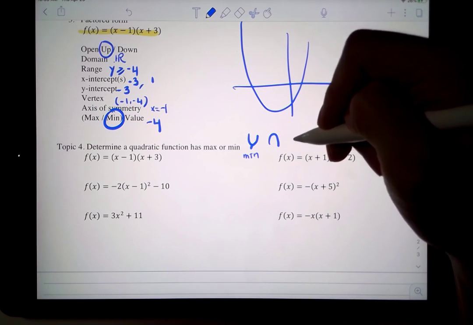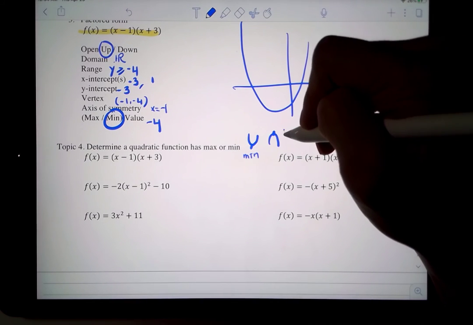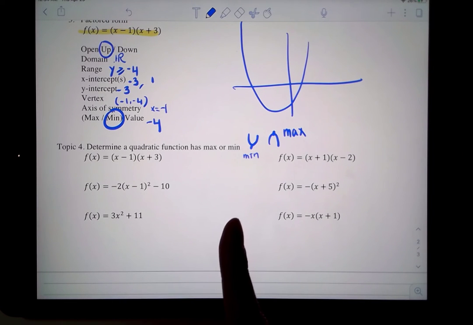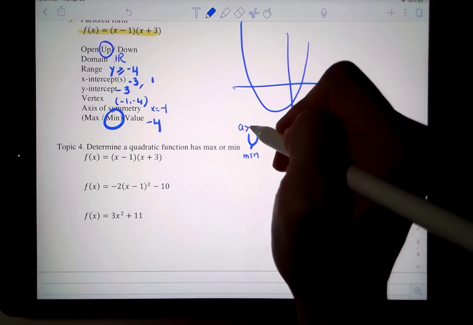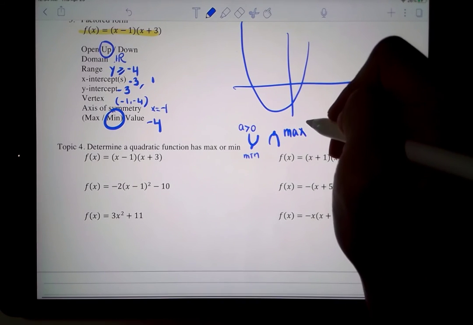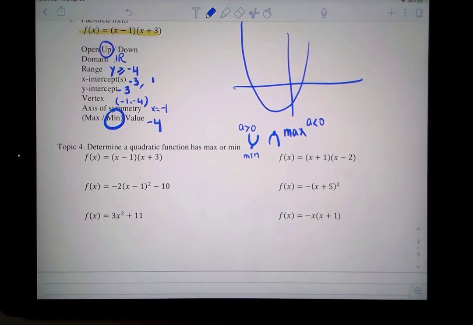If the graph opens down, you have a max, right? And how do you know whether the graph opens up or down? Your A tells you. If A is positive, the graph opens up. If A is negative, the graph opens down, right?